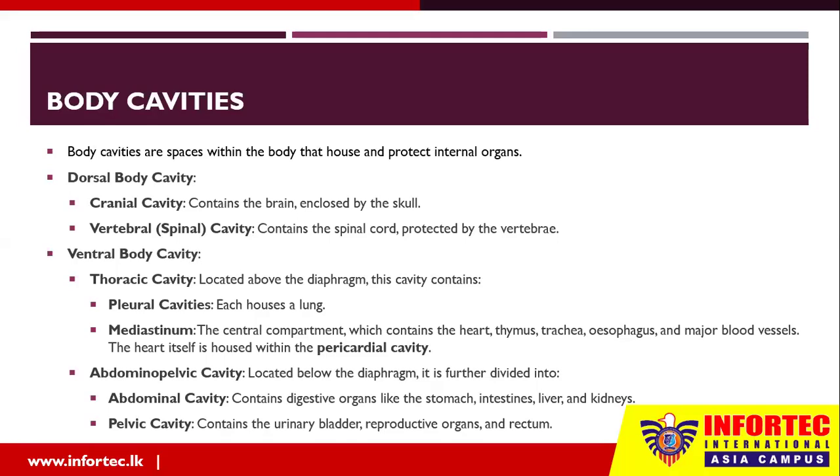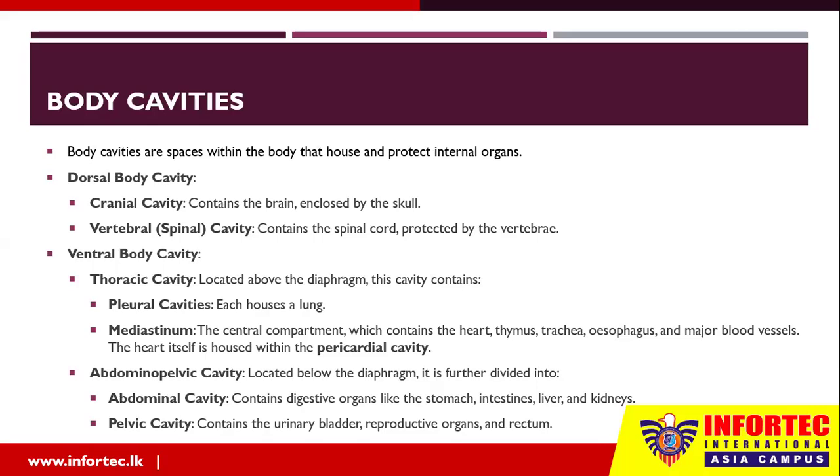It can be divided into two: thoracic cavity and abdominopelvic cavity. The thoracic cavity is located above the diaphragm. The thoracic cavity contains pleural cavities, right? These pleural cavities each house a lung, left and right.